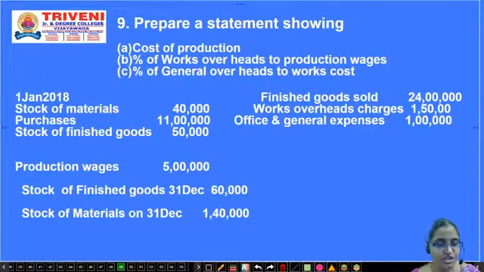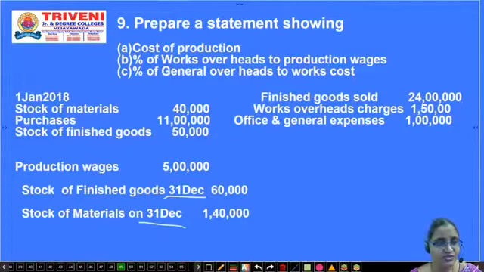Stock of finished goods on 31st December: you observed the date 31st December means it was the closing date of the month. That is why this stock is considered as the closing finished goods, 60,000. Stock of material on 31st December is also the closing date, so it was closing stock of material, 1,40,000.